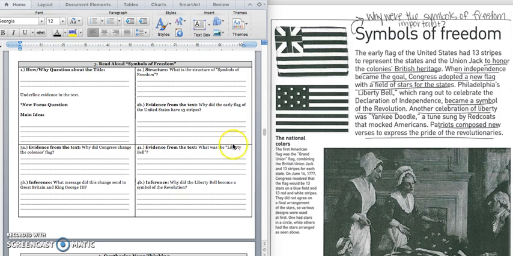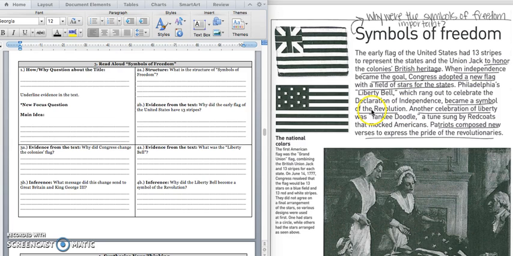So in 4A, I would write, the Liberty Bell was a bell in Philadelphia that rang to celebrate the Declaration of Independence. Press pause to write down your answer and play when you're ready for 4B. It says, why did the Liberty Bell become a symbol of the Revolution?